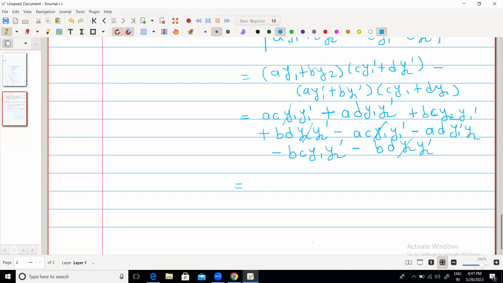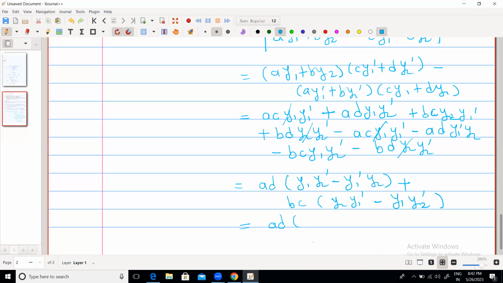So the remaining terms are AD y1 y2 dash minus y1 dash y2 plus BC y2 y1 dash. Okay. So this is AD times y1 y2 dash minus y1 dash y2.